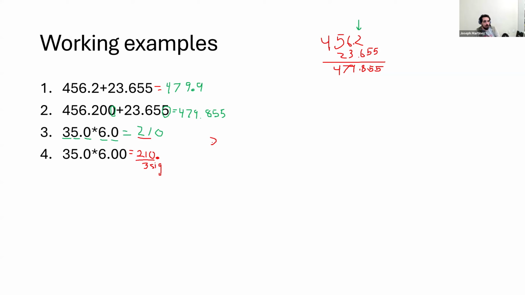Remember, 210 is not representing the same thing as 210 with a decimal point. That decimal point tells us that the second 210 is more precisely known. It's something to keep in mind.